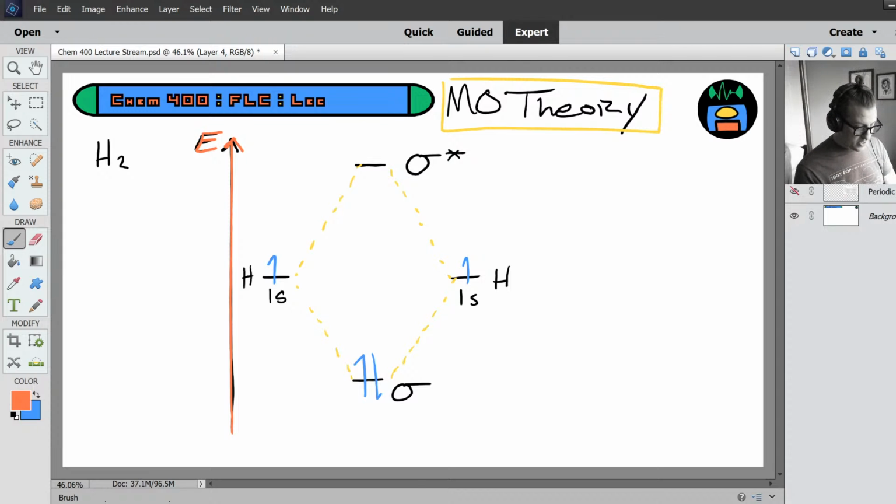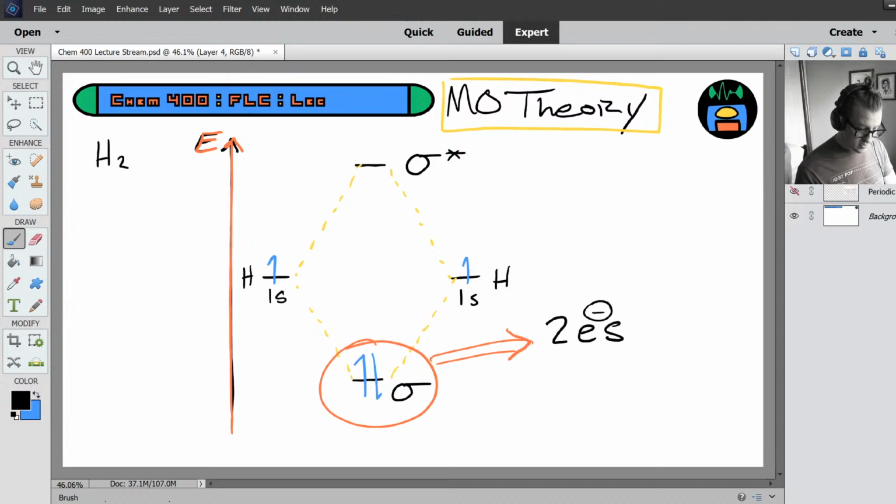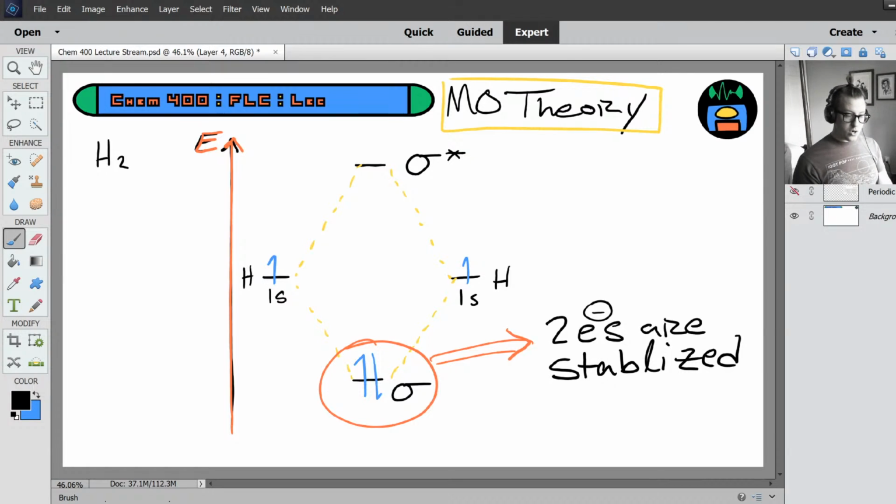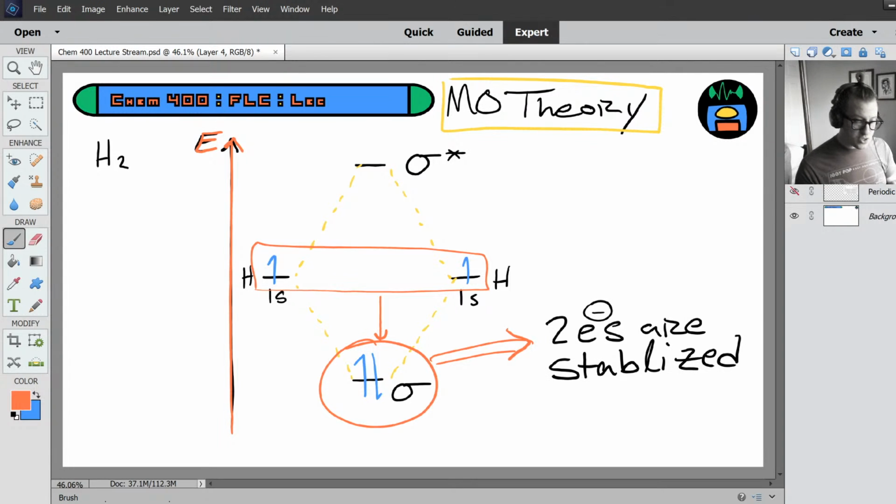And you can see that when you move from the two atomic orbitals to the molecular orbitals, two electrons are stabilized. Your electrons originally, both electrons are right here in energy, and they drop in energy when the two hydrogen atoms bond together. So these two electrons are more stable in the hydrogen molecule than they were in separate hydrogen atoms.